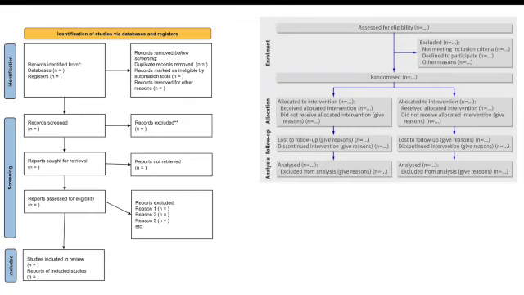On the right-hand side is a typical flowchart for a standardized trial, a clinical trial, where you're going to report how many you assessed for eligibility, how many were excluded for various reasons, how many were randomized, how many were allocated to each intervention, how many didn't receive it or did receive it, how many were lost to follow-up, and how many were in the final analysis, and who was excluded for what reasons.